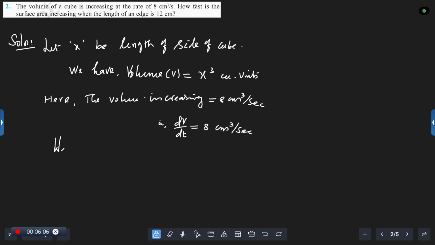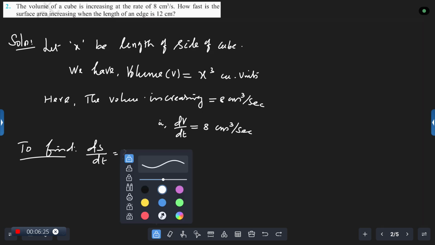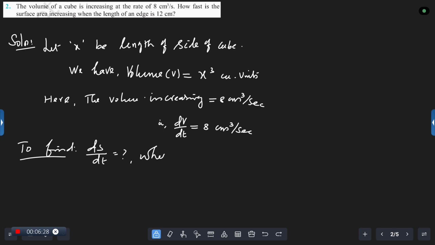First, we have to find dS by dt. That is the surface area. What is the surface area of a cube?